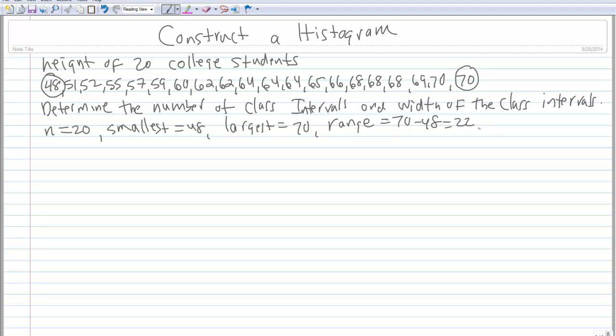Also, we have to realize that typically when we're constructing a histogram, we want the average number of values per class interval to be between 3 and 5.